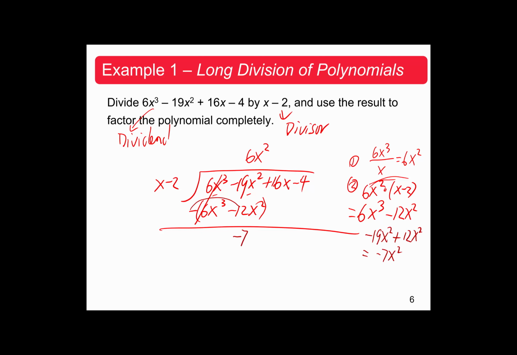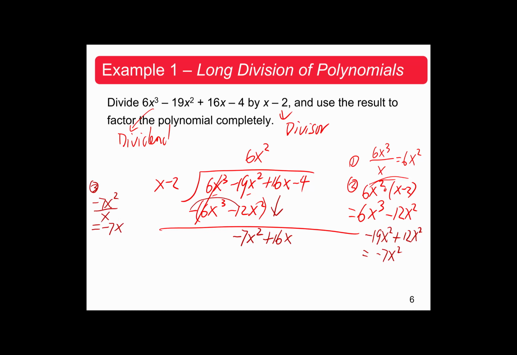Now the remainder is negative 7x squared. Now you carry down another term, meaning carry down 16x. Now you continue this process by dividing negative 7x squared by x, and the quotient becomes negative 7x.